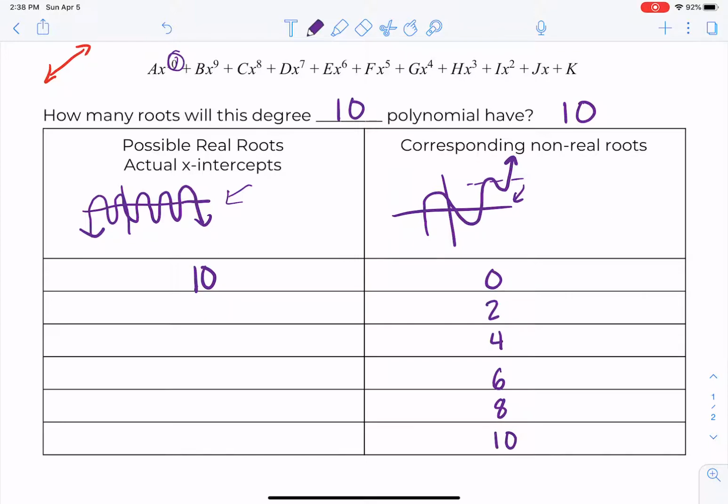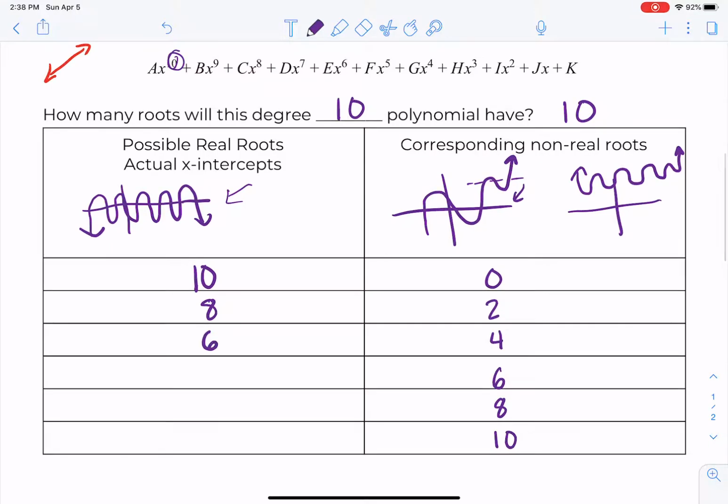Why is that possible? Could we do 10 that were all off? If I were to turn this original one upside down, and face up, you would have no real roots. It doesn't cross at all because the arms face the same direction.